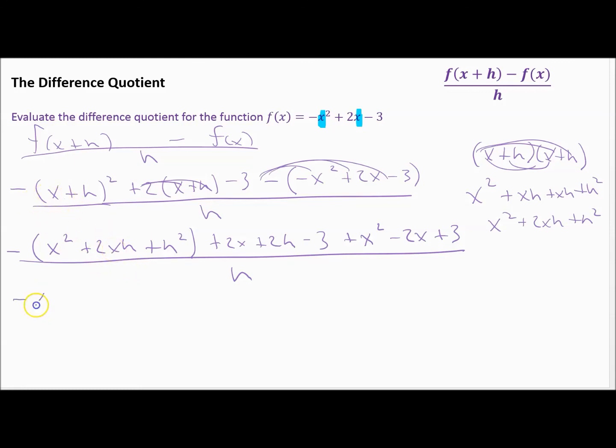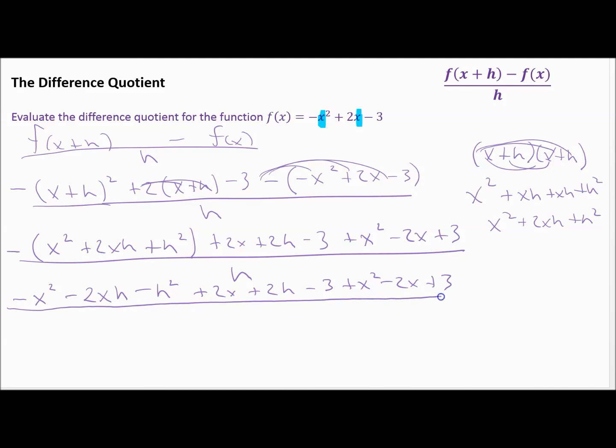So it gives me negative x squared minus 2xh minus h squared plus 2x plus 2h minus 3 plus x squared minus 2x plus 3, all divided by h.